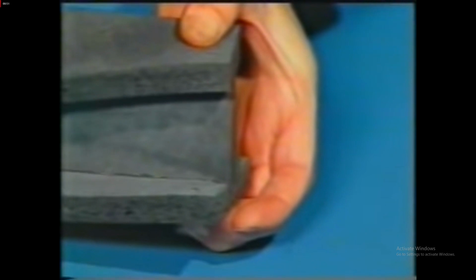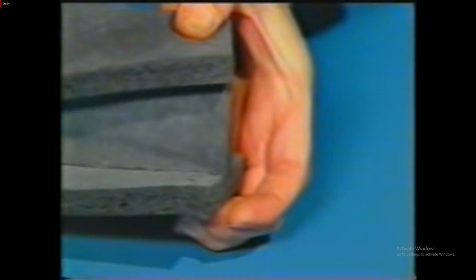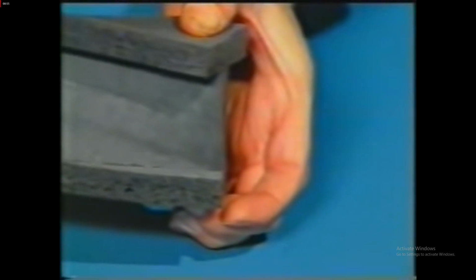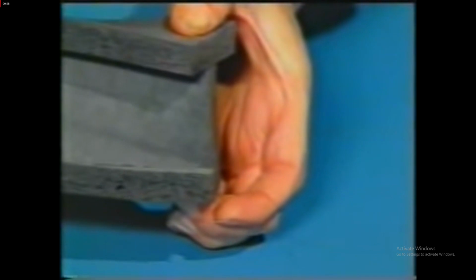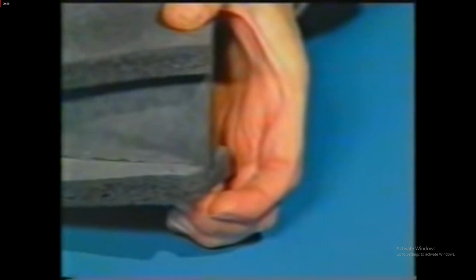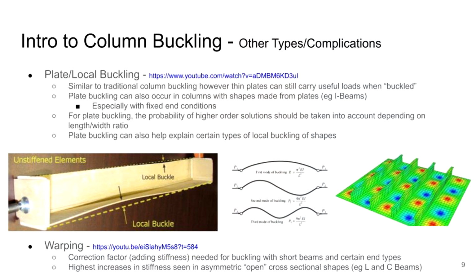But if we had fixed ends, those planes would have to be parallel to each other because the ends are fixed. And what that would do is those planes wanting to move out of being parallel and being forced to stay parallel would add additional stiffness to the beam that is not necessarily taken into account in our traditional modeling of beam buckling and stiffness.